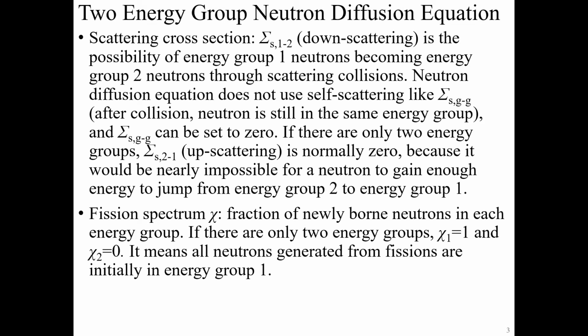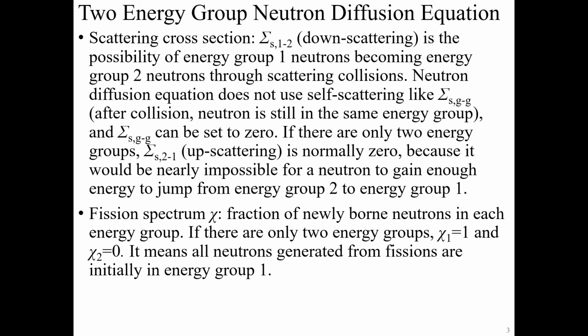Also, in our case we only have two energy groups, so the up-scattering, for example sigma s 2 to 1, where neutron energy is increased from group 2 to group 1 after scattering, we consider this cross-section to also be 0, because it would be nearly impossible for the neutron to gain enough energy to jump from energy group 2 to energy group 1. So sigma s 2 to 1 is 0. This is our assumption.